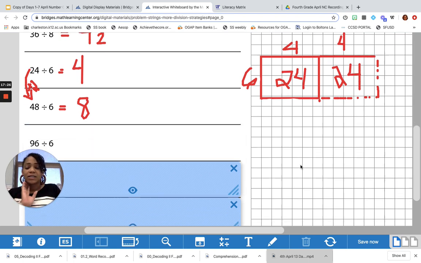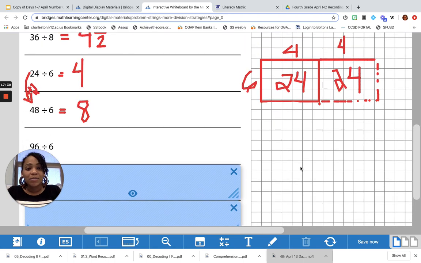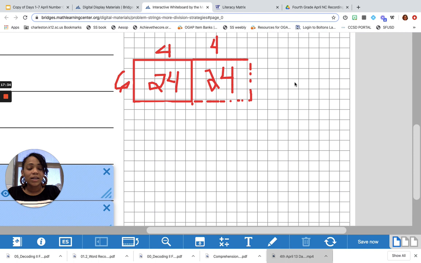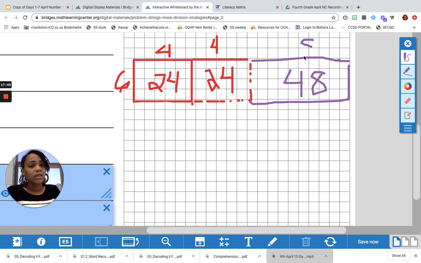Okay, let's look at the next one. 96 divided by 6. Oh no, I doubled it again, which means I have to take what I've done here and double it. And I'm going to change my color to double it because that was 8. I'm adding another 48, and we knew that 48 divided by 6 was 8.